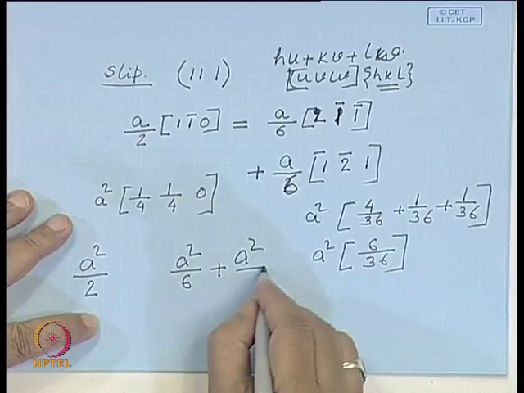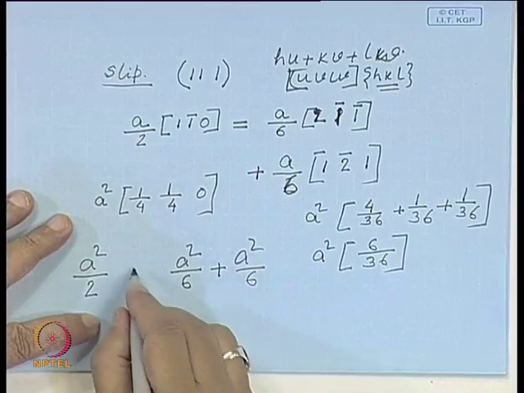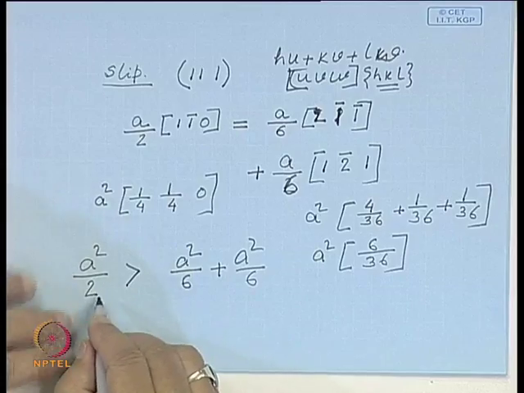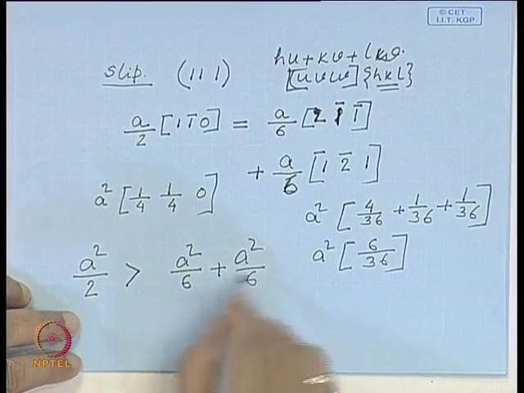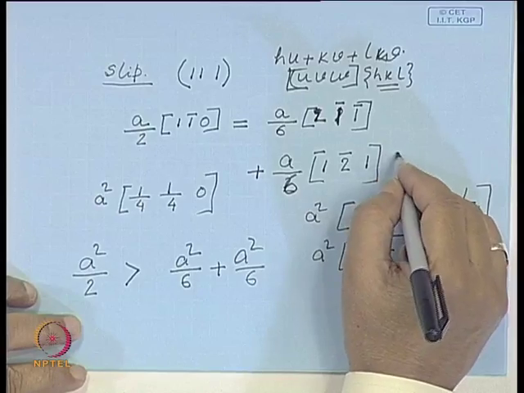Now, if you add this up, you find that this is greater than this. So, this kind of splitting is energetically favorable.